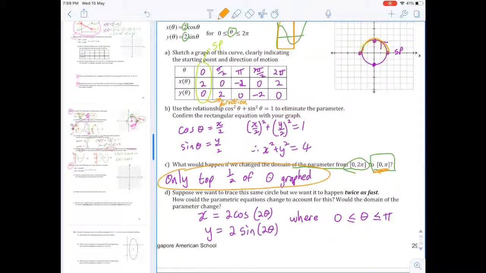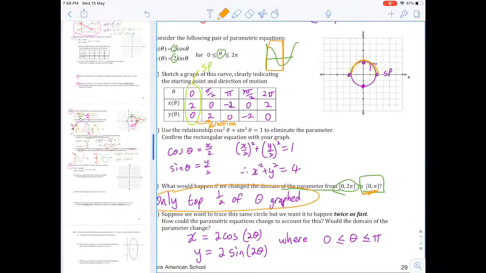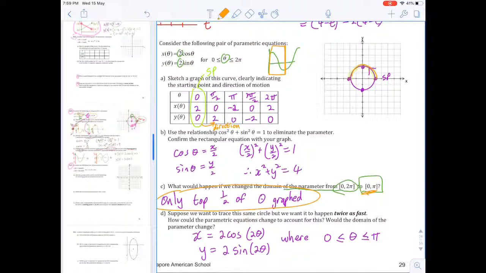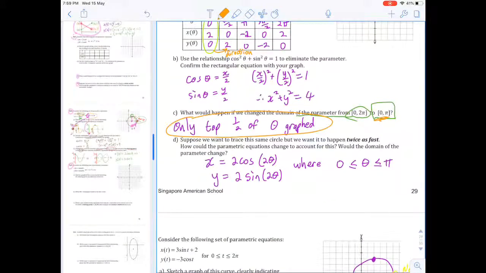Second element that we can consider, since we're talking about position and we're talking about time, we can consider the idea of speed. What if I wanted to trace the identical circle, but I would like to trace it twice as fast? And so if we want to move twice as fast, of course the other way we can do that is to modify the trig graph once again to make sure that it completes an entire cycle instead of in the regular 2 pi.